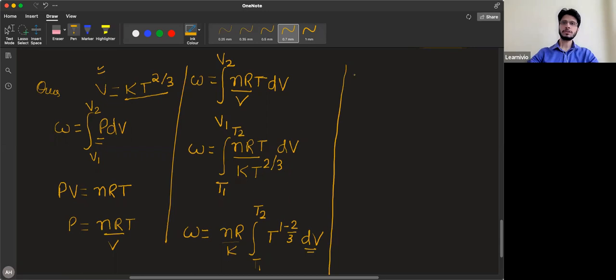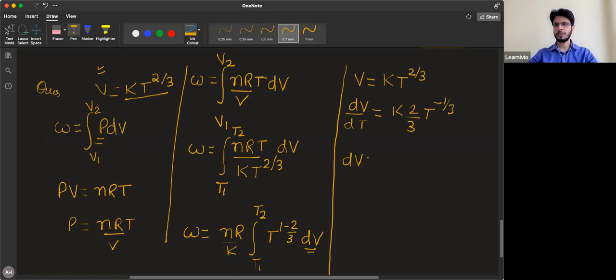See, V is kT to the power 2 by 3. Just differentiate this with respect to temperature. dV over dT will be k into 2 by 3, T to the power 2 by 3 minus 1, that will be minus 1 by 3. So from here, you can write that dV is 2 by 3 k, T to the power minus 1 by 3, into dT.